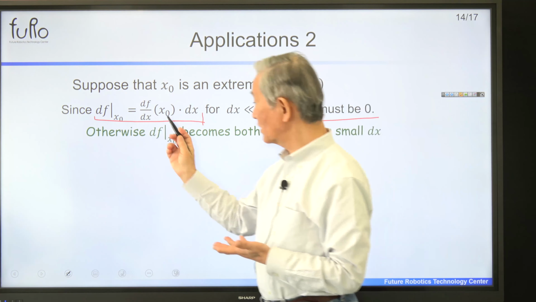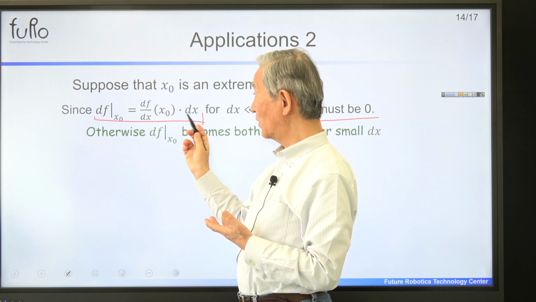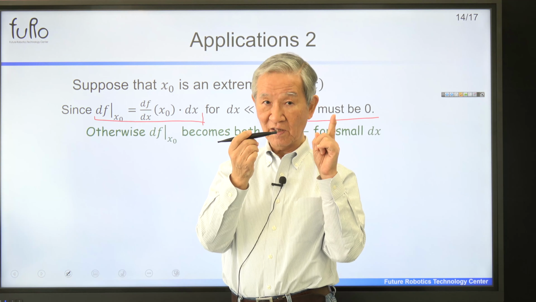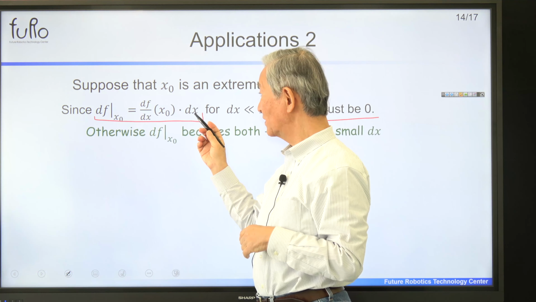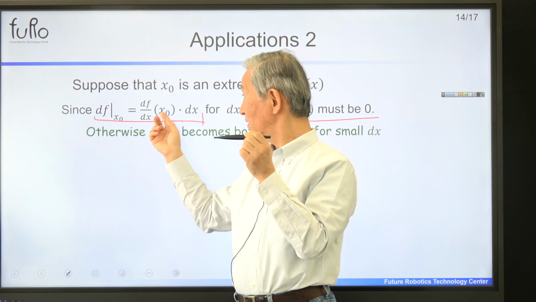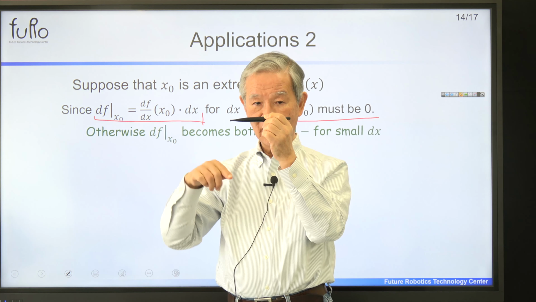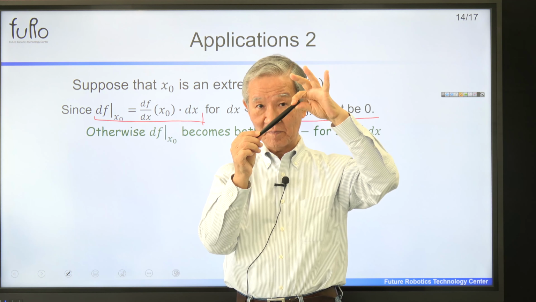Let's say this one here is positive. Then if dx is positive, this becomes positive. So dx positive, you're moving this way, and this is positive, so it goes up. And if dx is negative, it goes this way, this is positive, so this entire thing becomes negative, so it goes down. Down and up. So the function must be moving like this.